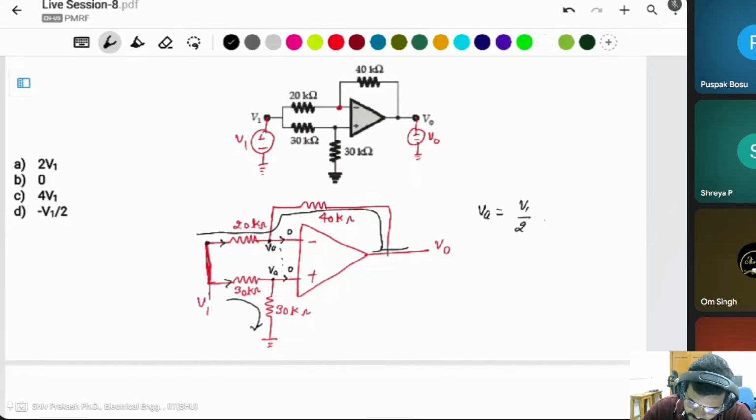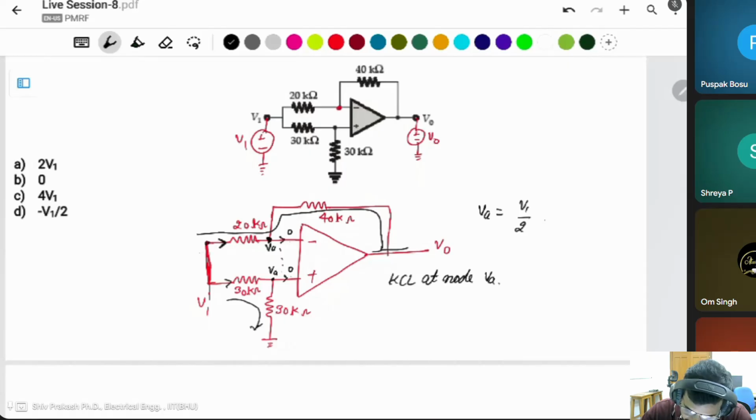Okay, there is no current. Then you can apply KCL at this node, node VA. The current direction is this one.